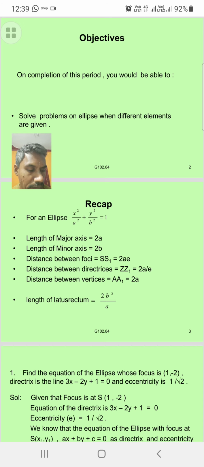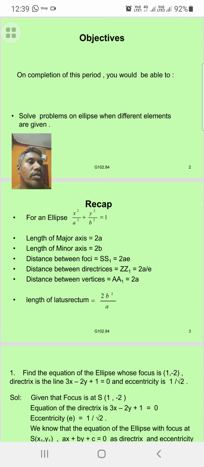So whatever elements are given, you take and substitute in the formulas. Using the eccentricity formula, you can build a new equation in one term, either in terms of a or b.